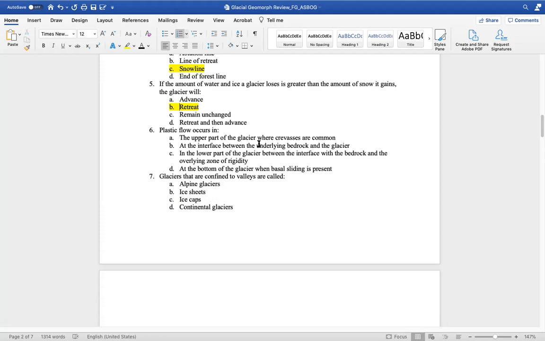It's there perennially, and it moves, whether internally or on the land surface. And not all parts of the glacier are going to be moving. And so the very top of the glacier is going to be really brittle.